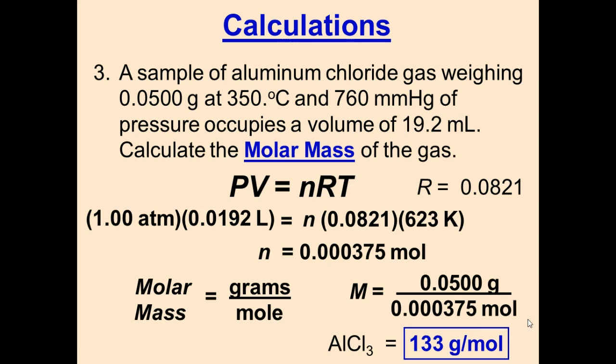And by the way, if you knew what this chemical was, it's aluminum chloride. Remember, ionic bonds have to balance out, so you could have figured it out just by doing that. But the whole thing is to know the formula and how to solve for number of moles and then go to molar mass and stuff like that.